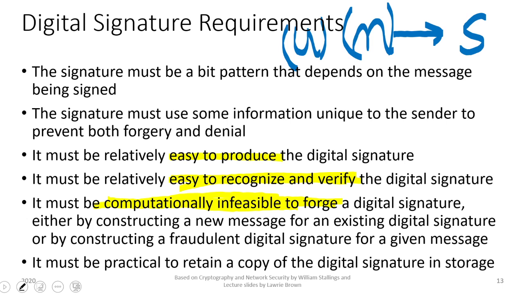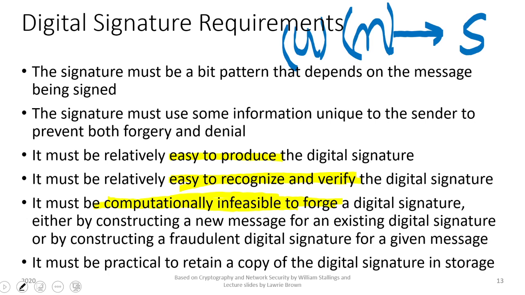Forging should be computationally much more complex. So a third party should not be able to forge a digital signature, either to create a new digital signature or to mess with the message and still have the digital signature valid. So we don't want those things happening.